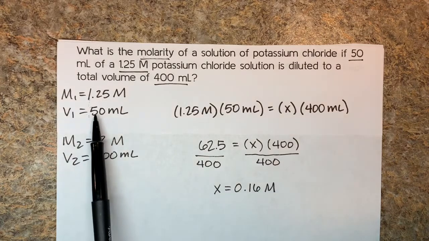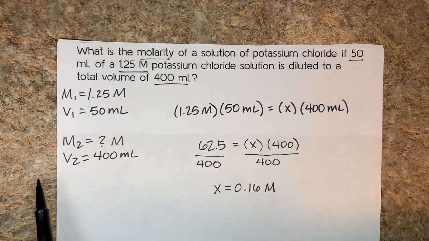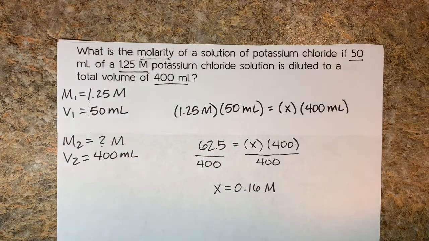If you take 50 milliliters of your stock or your initial solution, put that into a beaker or a flask, and then fill it up with water until the total volume inside of that beaker or flask is 400 milliliters total, then what you have in that beaker or flask will have this molarity.